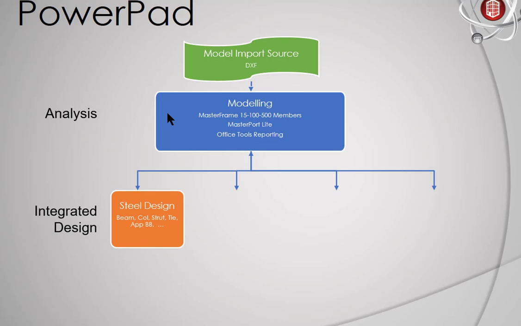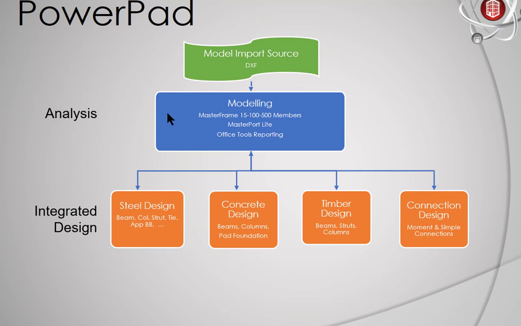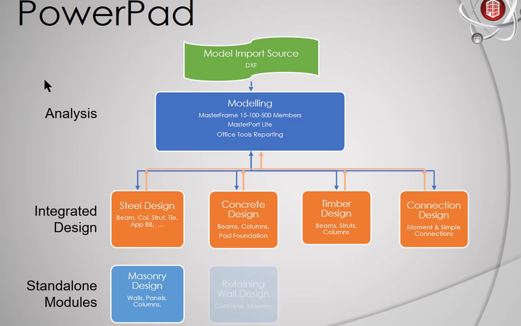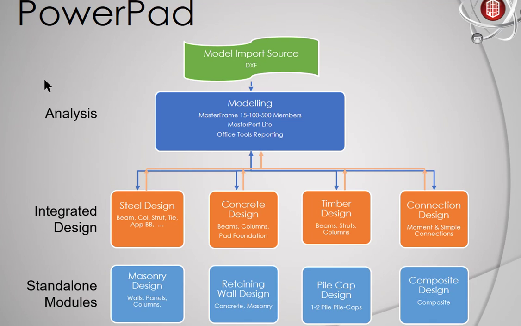And connected to that, we can then do our steel, concrete, timber and connection design, fully integrated, taking the data and the results from the MasterFrame and designing them, and in the case of some of these, sending those values back through to the model for rechecking with the new sizes. We also include in the PowerPad standalone versions of some of our software, the Masonry retaining walls and the Composite are very, very popular, and also the pile caps.